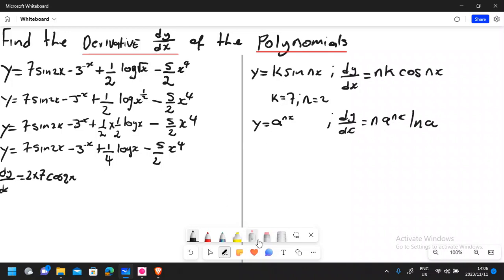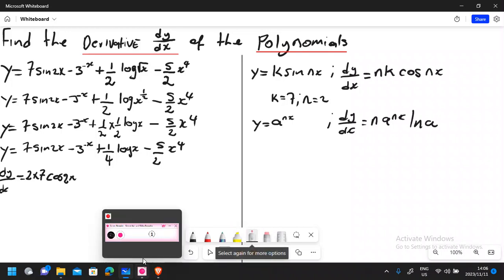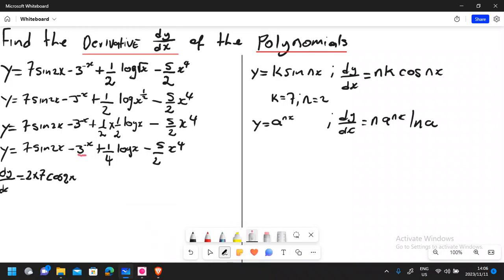Now when you look at our problem, we do have n. Remember, n is the coefficient of x. In this case, our n is going to be -1. That's the only thing we have here, guys, is the n. So it's going to be -1. We don't have anything else. And a as well, a is going to be 3. Remember, a is the base here, guys.